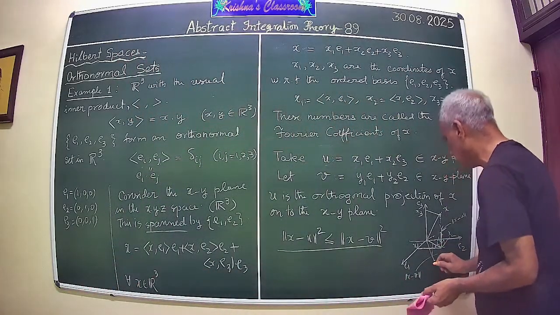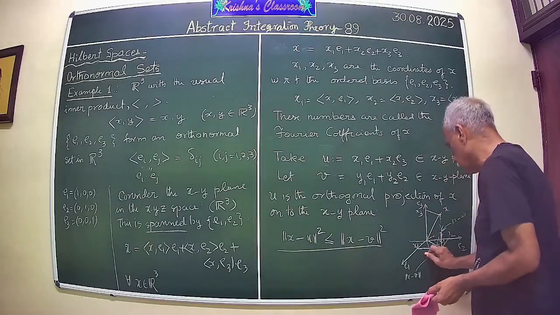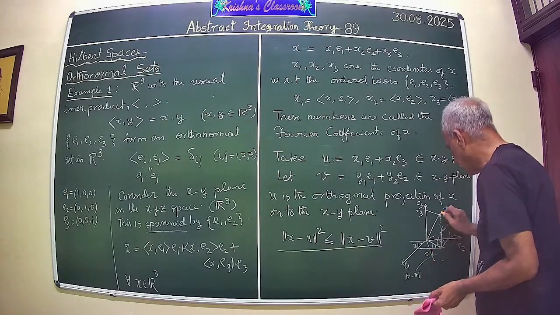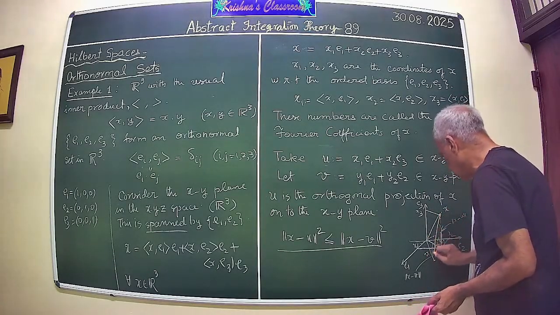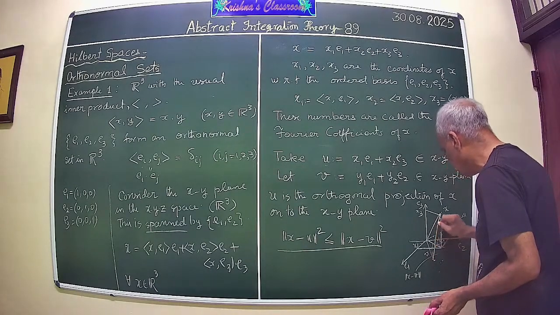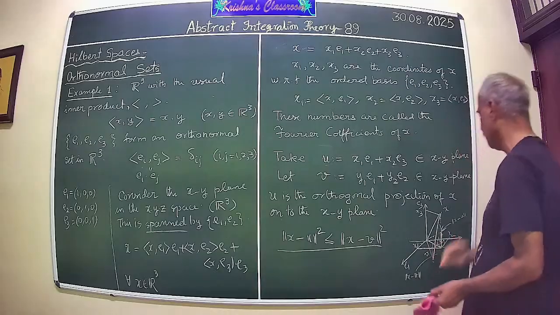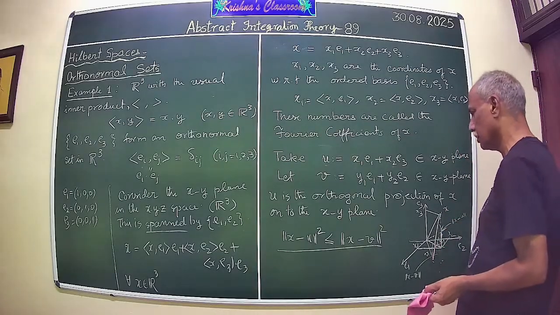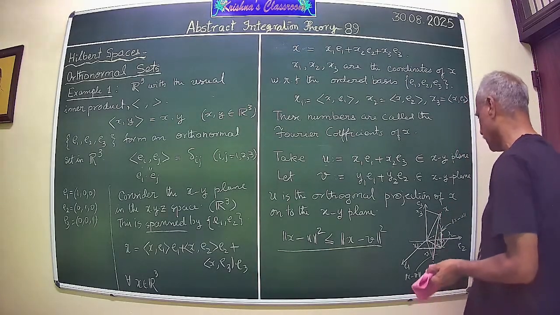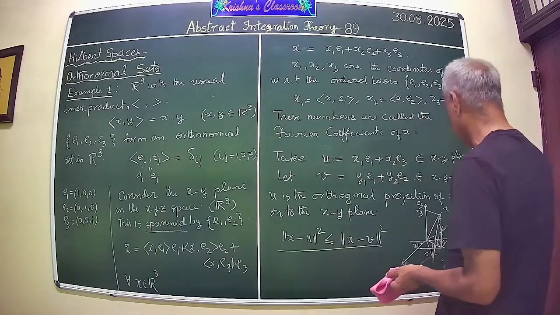This is V, and then x minus V. The length of x minus V is the straight line joining x with V. This is the length of that, and the square of that distance.